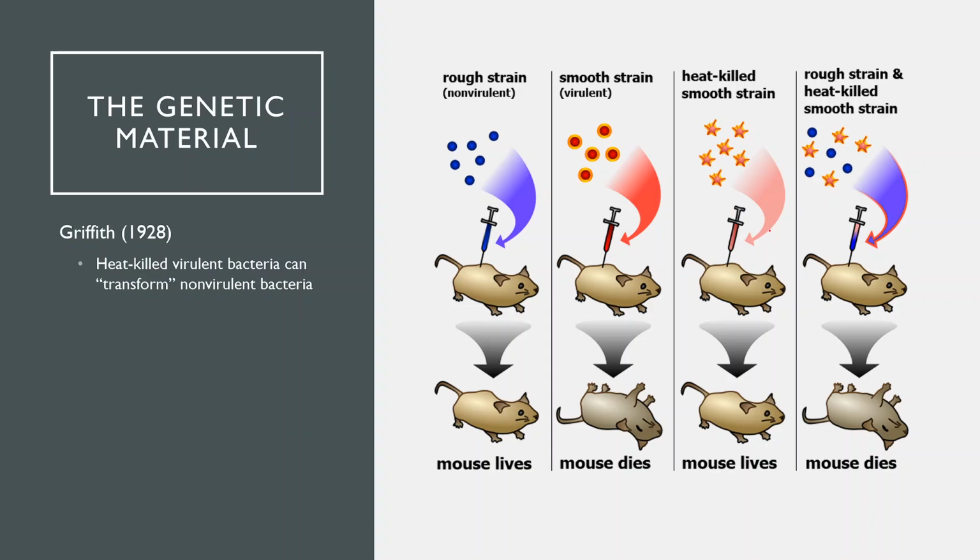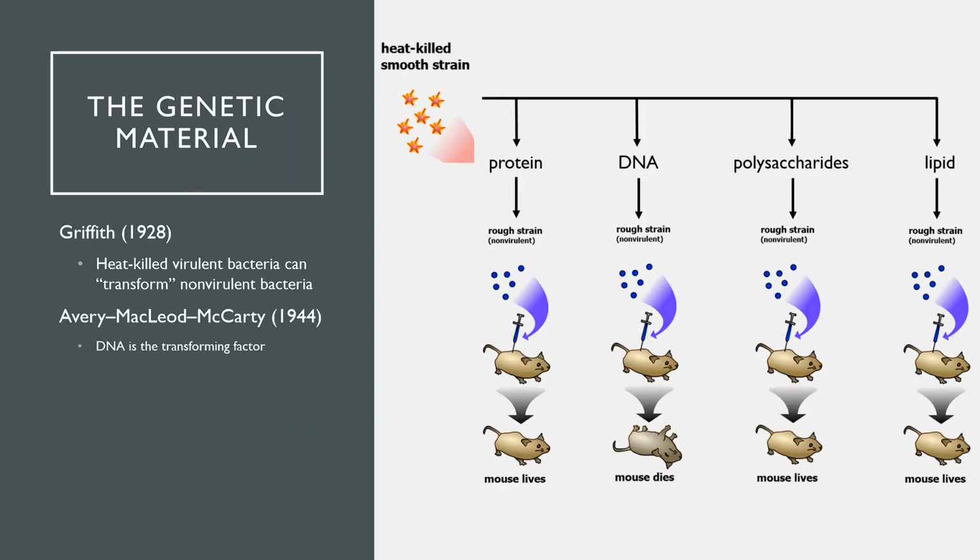So what that means is that there's something in the smooth strain heat-killed cells which had the ability to transform the rough strain cells into the virulent S strain phenotype, which means that there was some information stored in those heat-killed cells that could transform the rough strain cells into virulent cells.